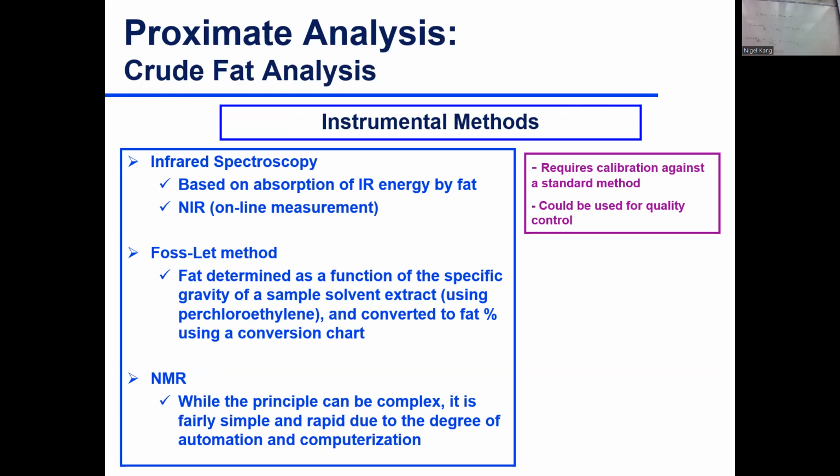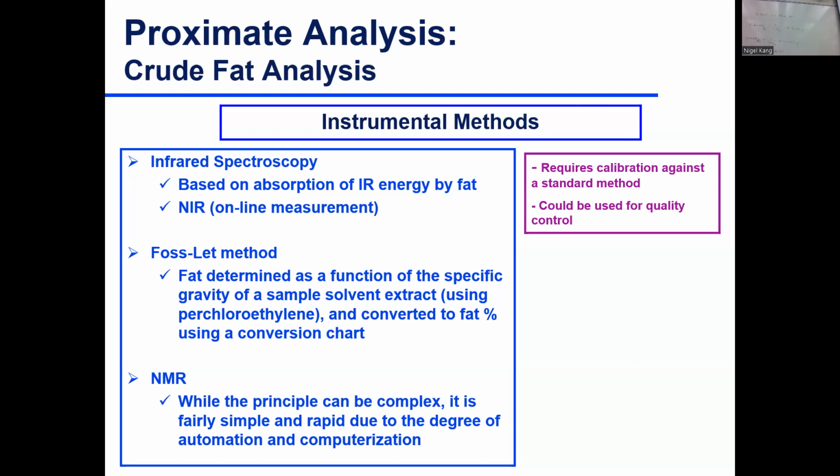IR has not been covered yet. It's for the next lectures, I think, after proximate analysis. So with IR, which is a spectroscopic method, you work at a specific wavelength or wave number.